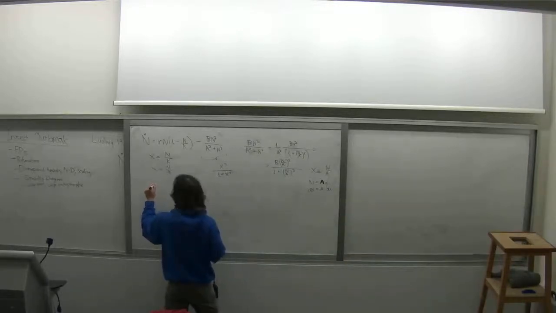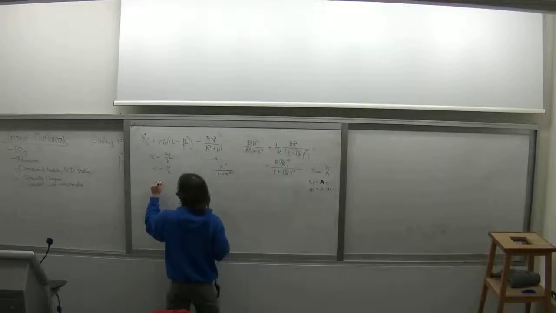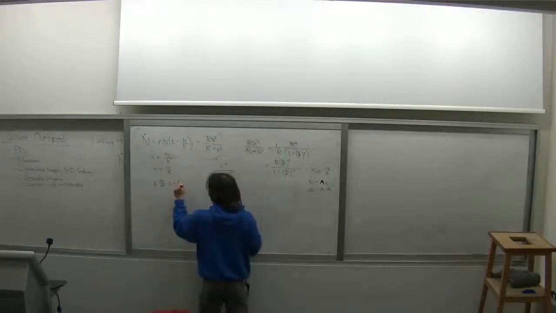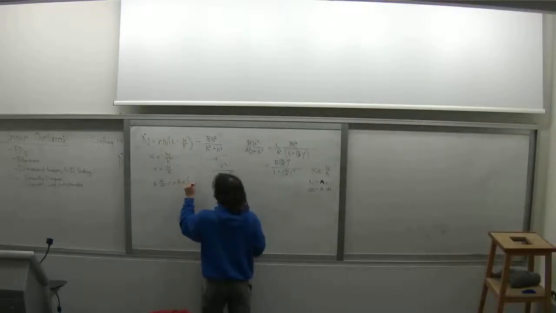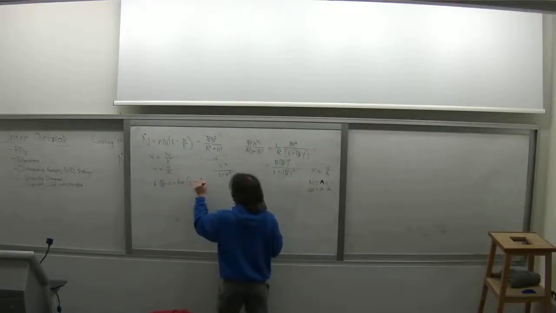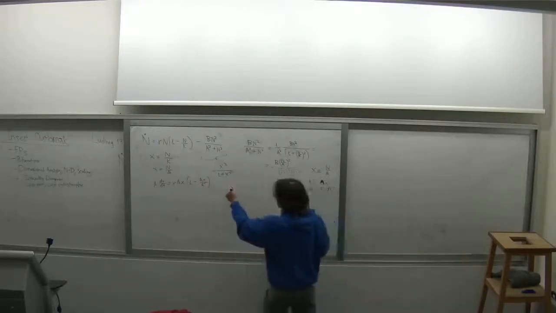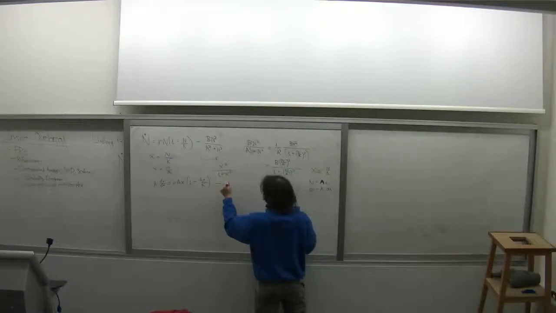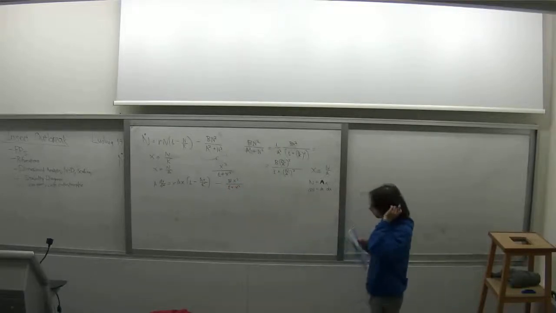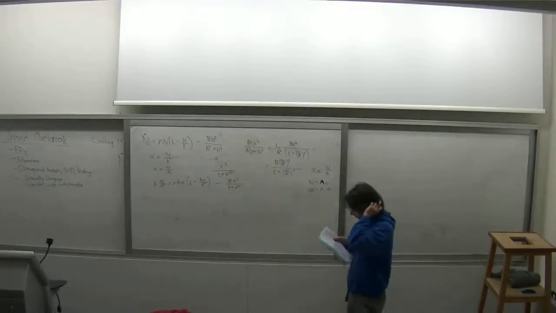I have a dx over dt equals r a x times 1 minus ax over k, and then I subtract the predation term, so minus b x squared over 1 plus x squared. This is already pretty good.